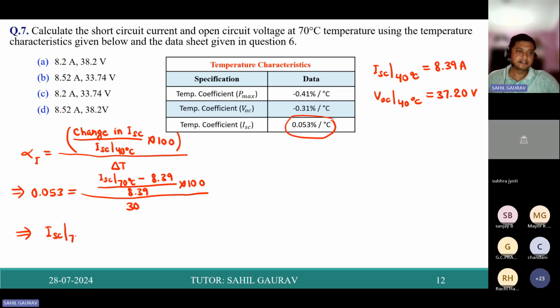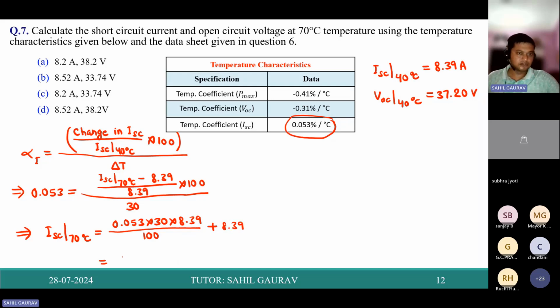So from here we will get ISC at 70 degrees Celsius. It will be 0.053 into 30 into 8.39 upon 100 plus 8.39.